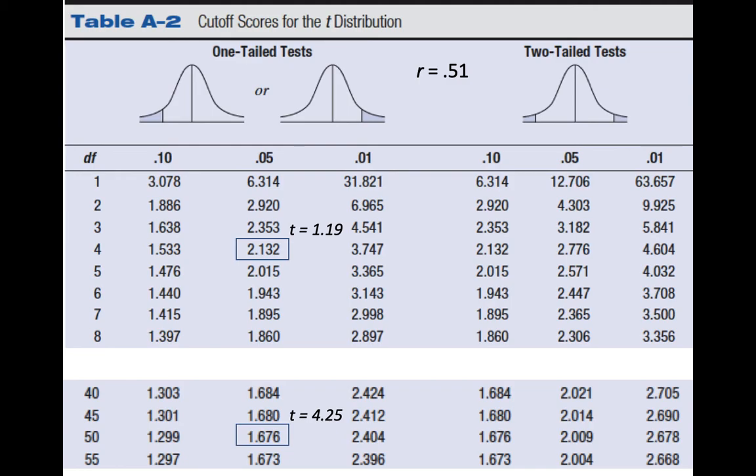And we just happened, this one time we did the study, to get a correlation of 0.51 based on these 6 people. That could just be sampling error. We got 6 random people, it's a random sample, there's sampling error.